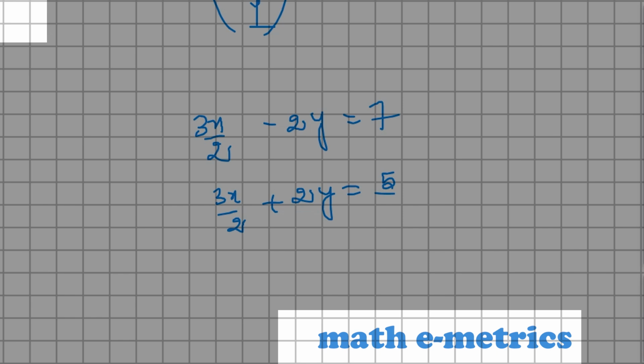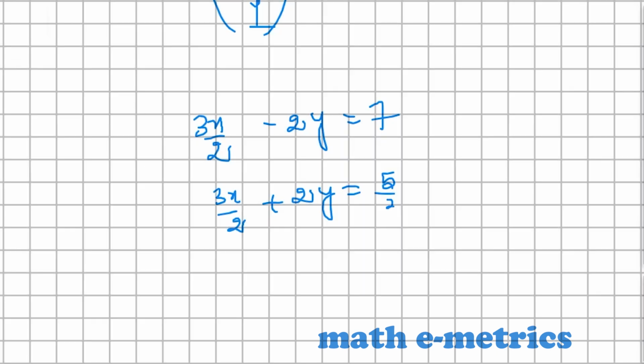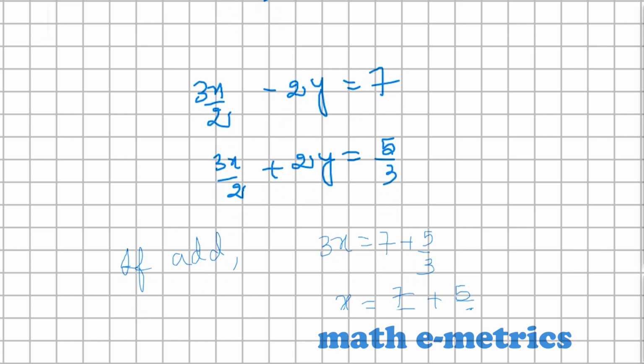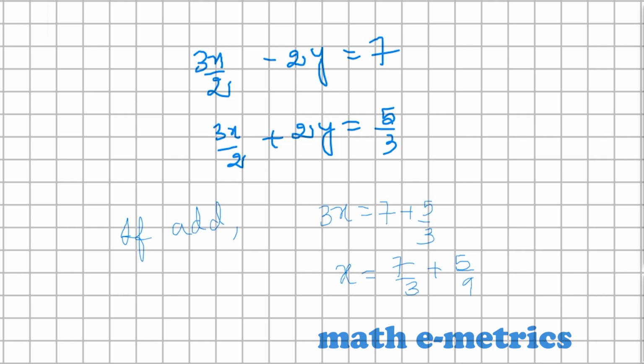The minus 2y would be eliminated. So if you add, x is equal to 7 by 3 plus 5 by 9. Yeah, this is how you can get x. And then for y, how do you find y?